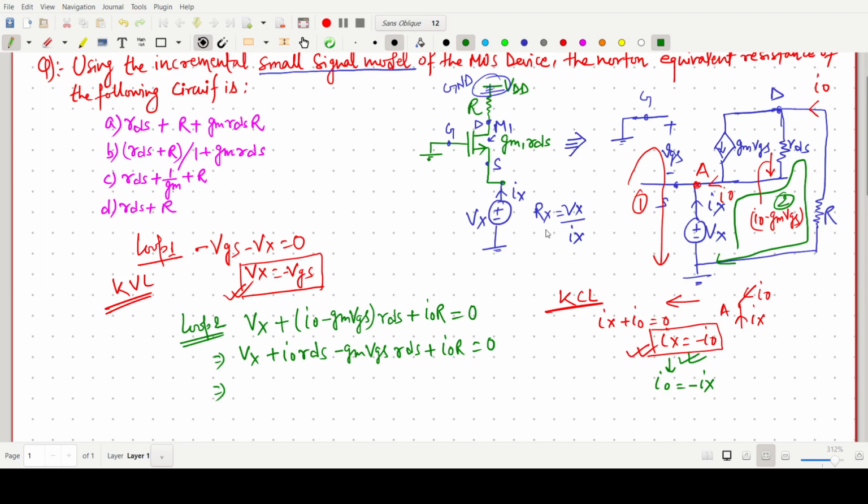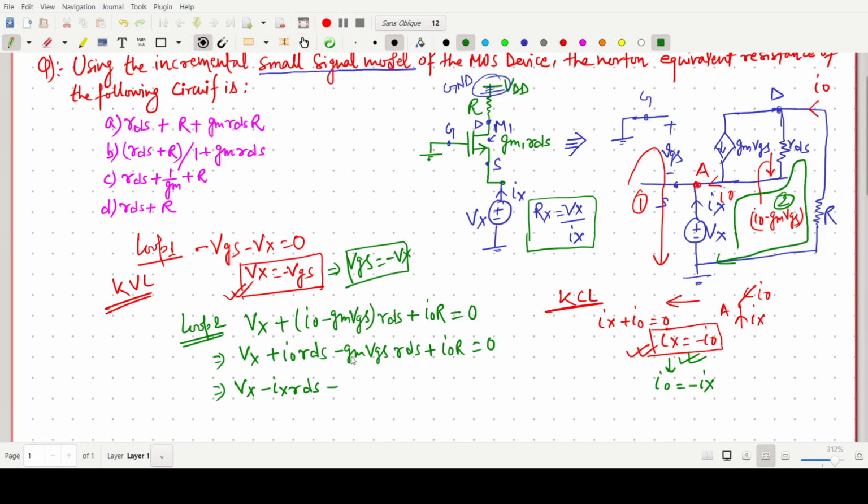I naught is nothing but simply minus Ix from this equation. And finally, we have to find Rx, Vx by Ix. So one can write I naught as minus Ix, so we can write minus Ix RDS. Then Vgs is nothing but simply minus Vx, so we can write Vgs equals to minus Vx.